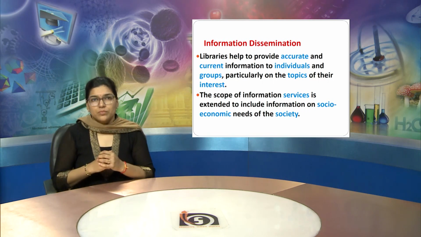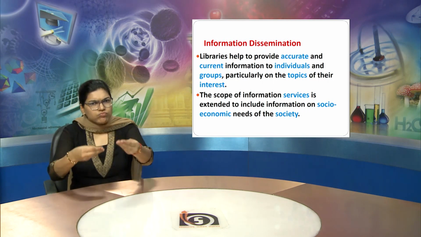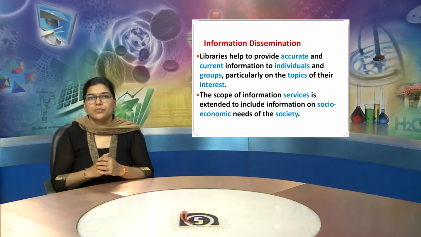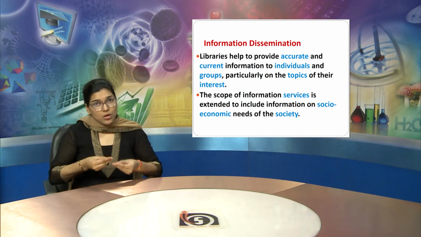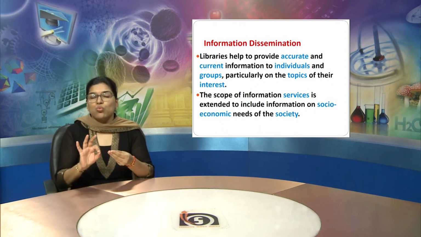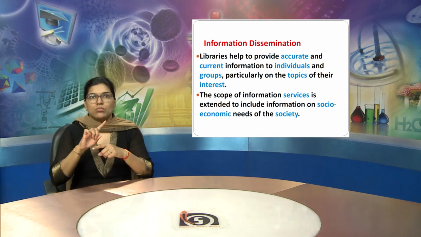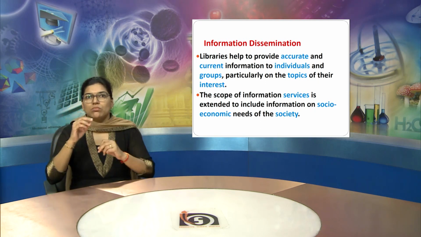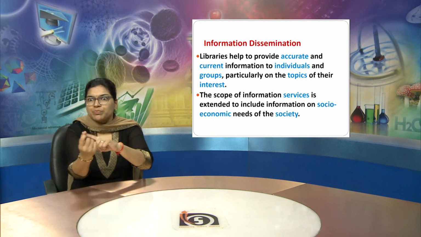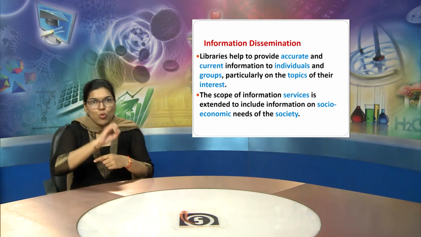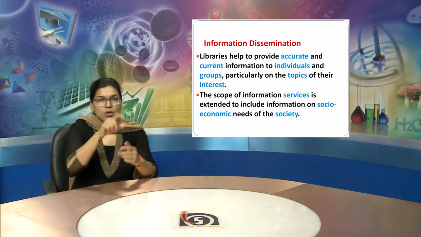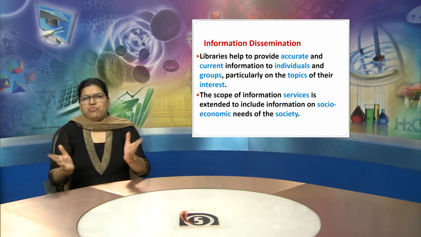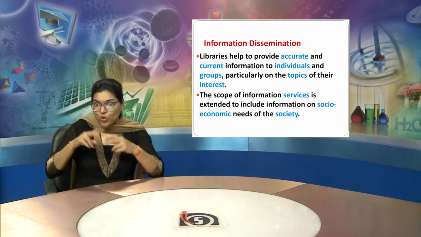Now this is the second function of library. The second function of library is information dissemination. We know that libraries help to provide accurate and current information to individuals and groups, particularly on the topic of their interest.